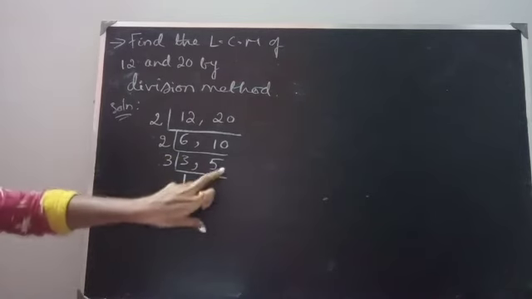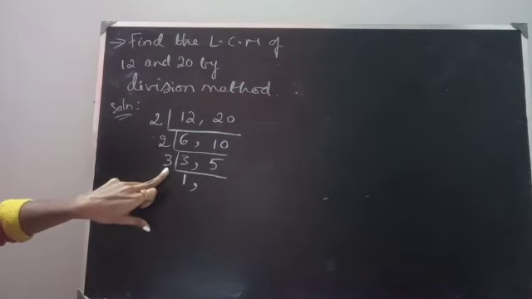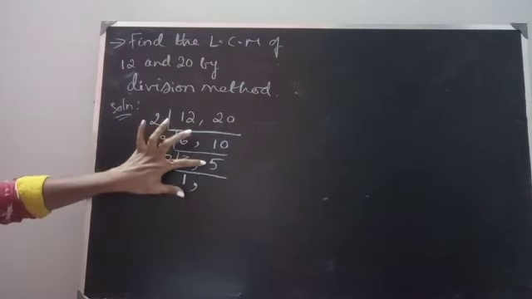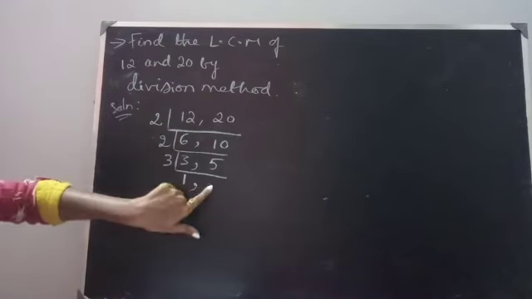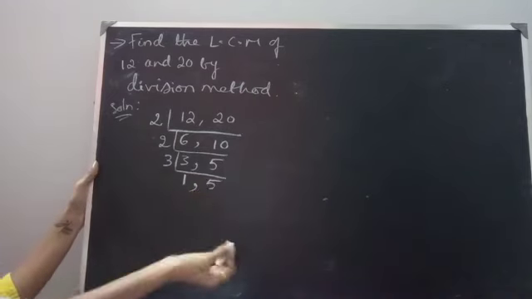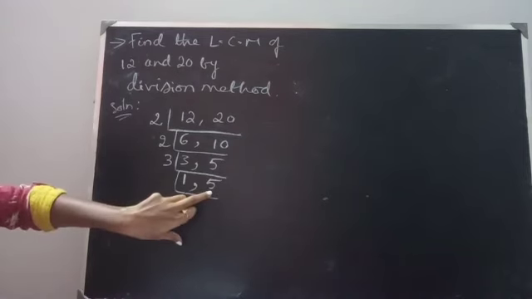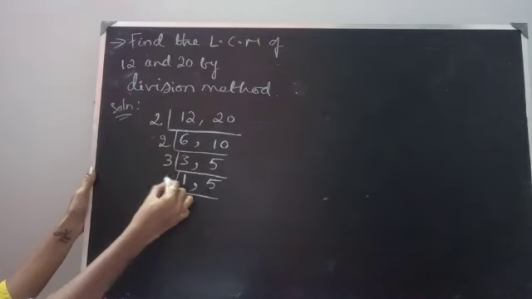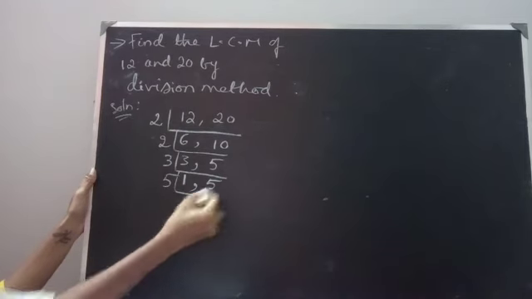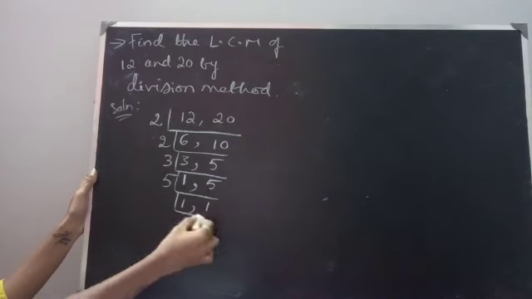But 5 is not exactly divisible by 3. Okay. So we'll bring this 5 to the next row. Again, 5 is exactly divisible by 5. 5 ones are 5. Okay.